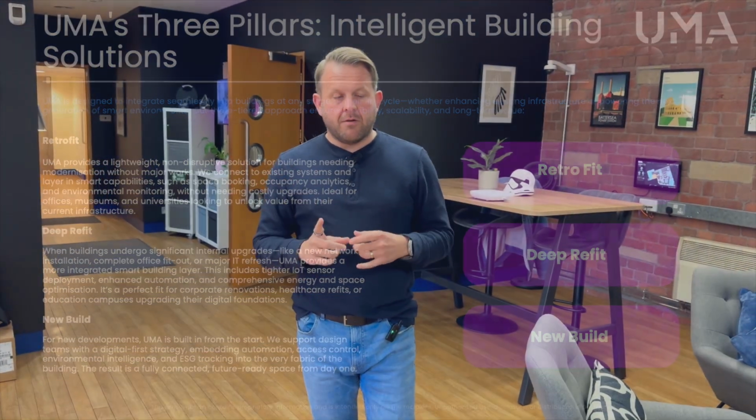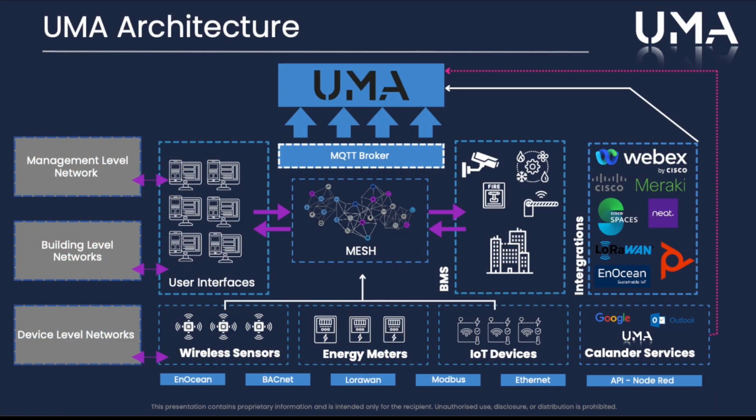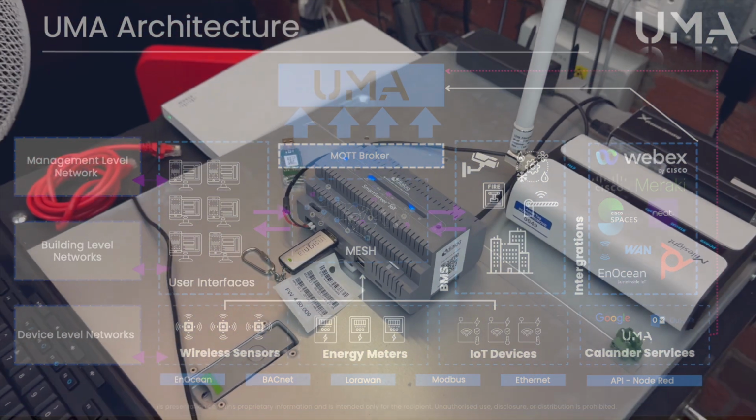Now, there's one last thing I want to talk about, which is, well, what about those ones that you do connect into, and how do you connect into them? Well, we use a product in conjunction with UMA Mesh, our software connector tool. We use a product called the EnOcean Smart Server. What this device does is it sits in the building and allows you to send messages in a protocol called BACnet from our sensors to a BMS platform.